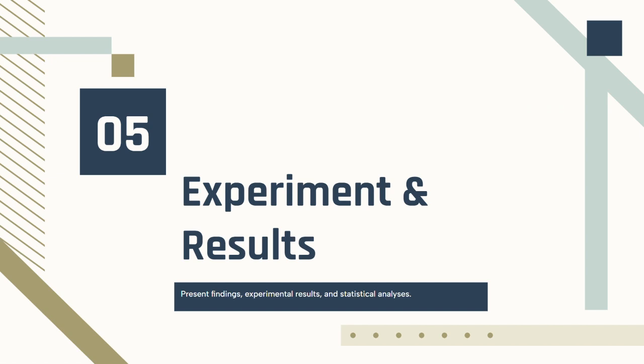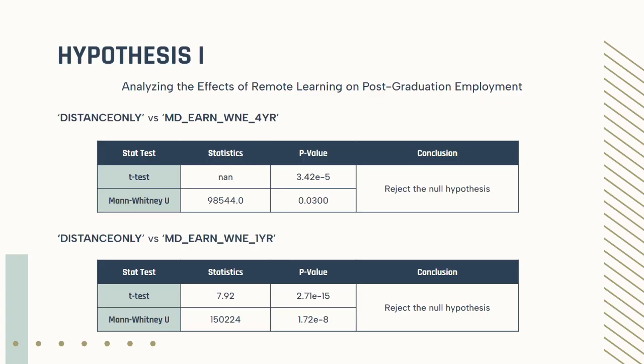Hello everyone, myself Krishna Singh Rajput, and we have our hypothesis number one, which basically deals with whether remote learning and traditional learning are one and the same in terms of earning, both short term and long term. So we used the distance-only feature and tested it with the median earning after 1 year and 4 years as well, to capture both long-term and short-term financial success of the students.